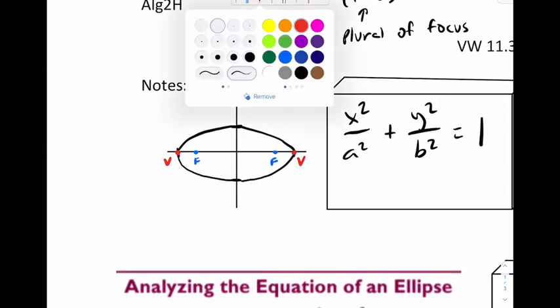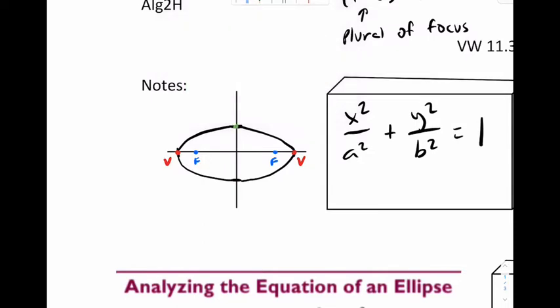And then the other points are going to be, I'll put that up here. We're going to call those EMA. And EMA is going to stand for end of the minor axis. Now you're probably wondering, how did we decide that these two are the two vertex points, where these two are the EMA points?